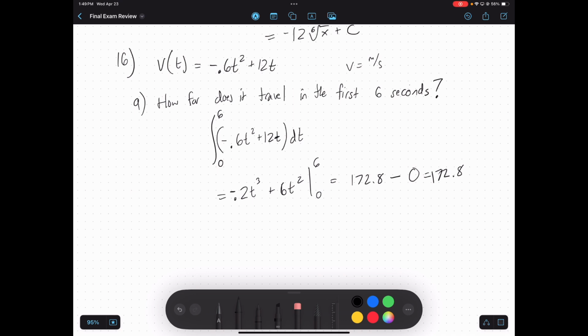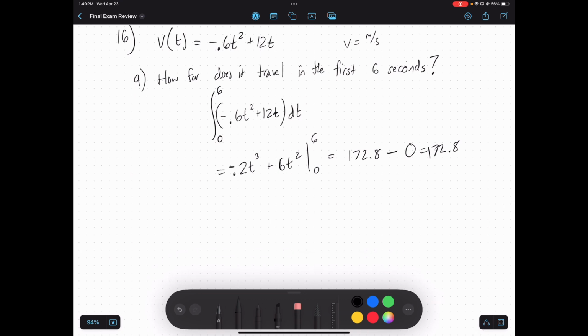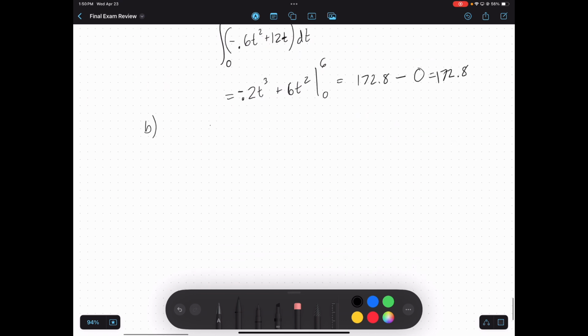Part B asks, what about the next 6 seconds? How would this problem change in that case? If now I'm asking, how far does it travel in the next 6 seconds, from 6 to 12, I'd actually start right at 6, because 6 is now in my new interval.